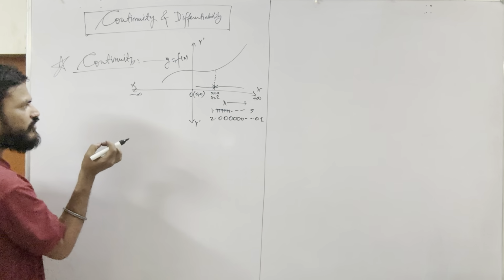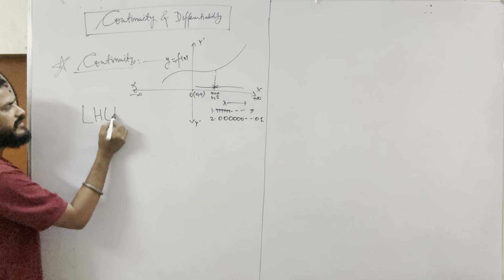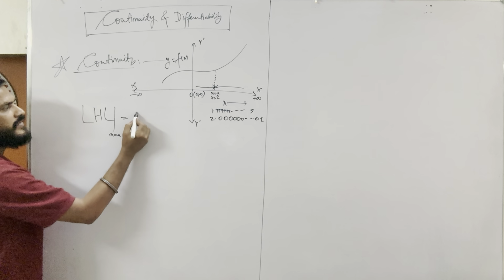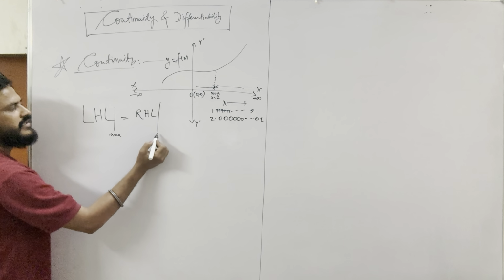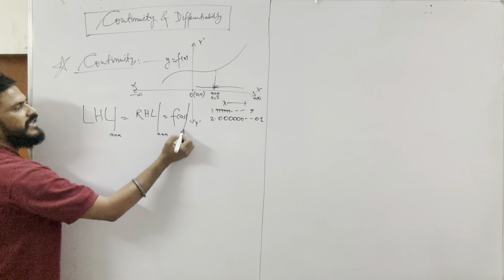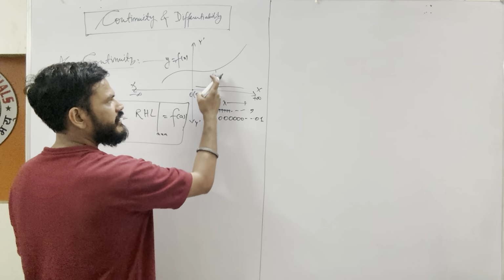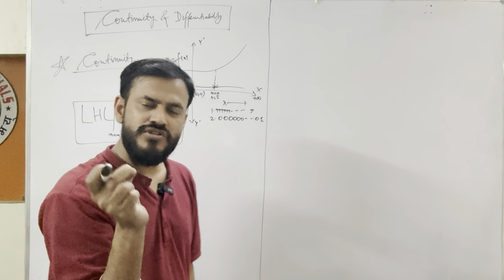So a function is called continuous if the left hand limit at x equal to a is equal to the right hand limit at x equal to a, which is equal to the value of the function at a. That means we'll have to find the left hand limit, right hand limit and value. All three should be the same.